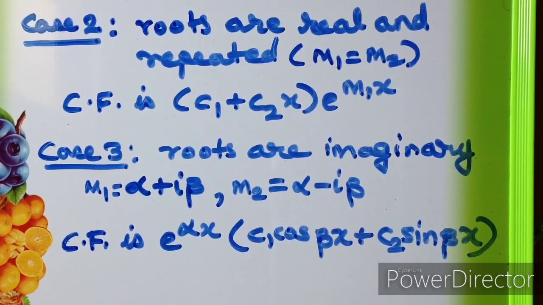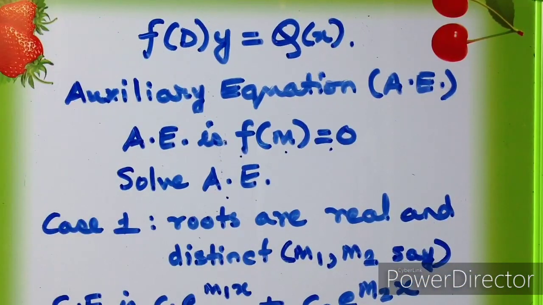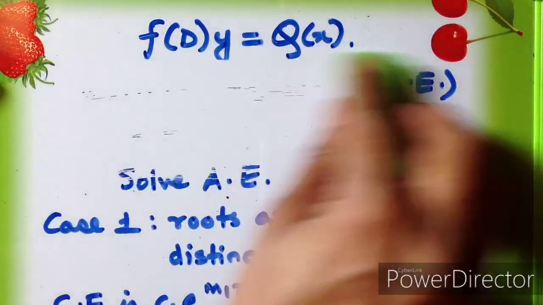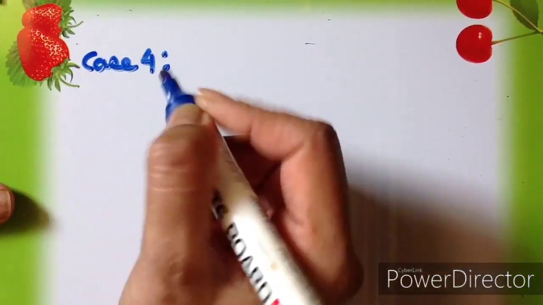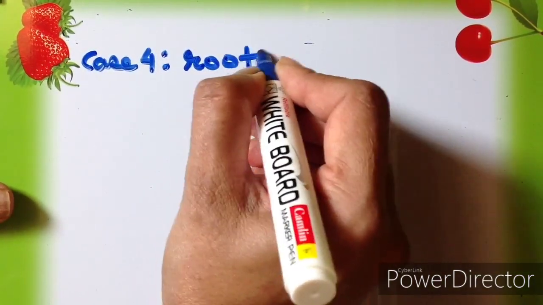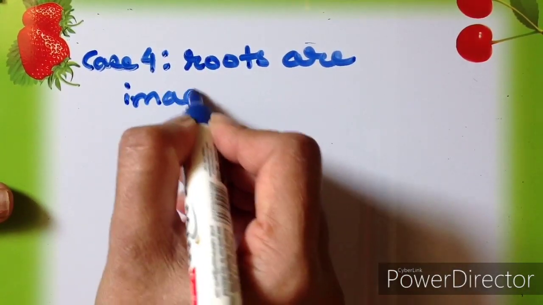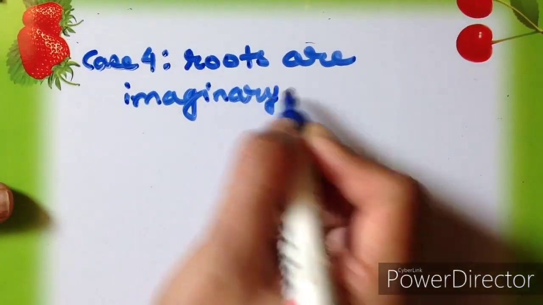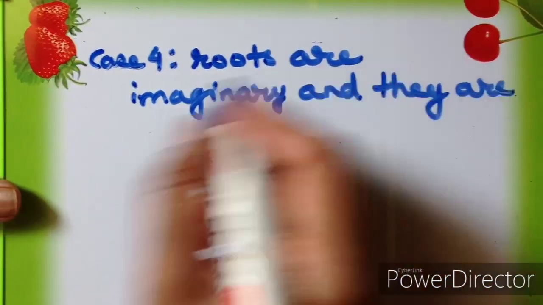Now we can have a fourth case. In the fourth case what will happen? The roots are imaginary and at the same time they are repeated. So case 4: roots are imaginary and they are repeated.